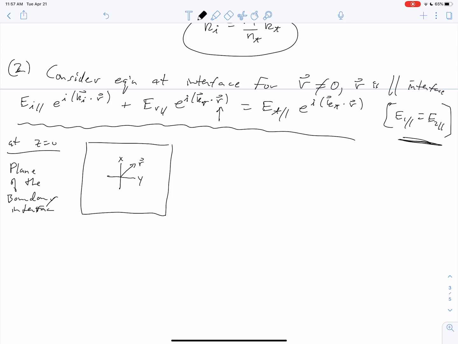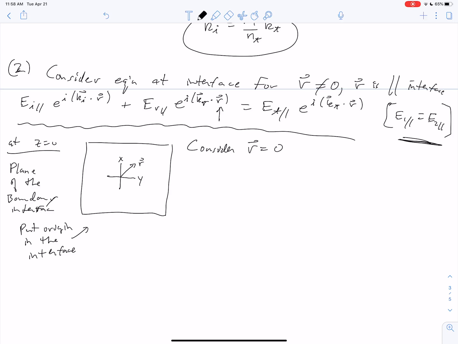Because I can put my origin anywhere, I'm going to put the origin in the interface, at the center of the interface, like I just did. Now there's something to notice. Consider what happens at the center of the interface, r equals 0.